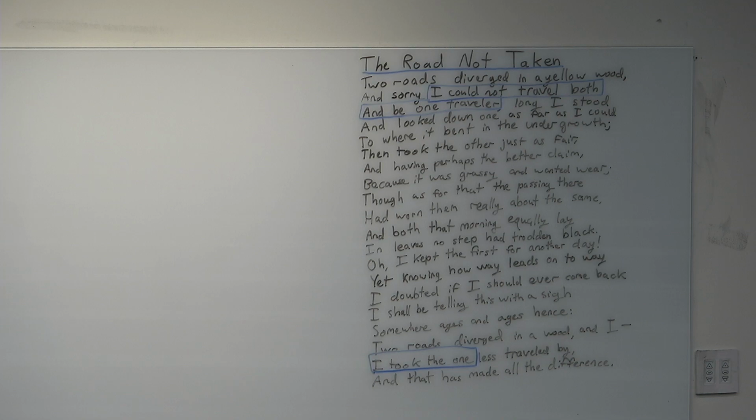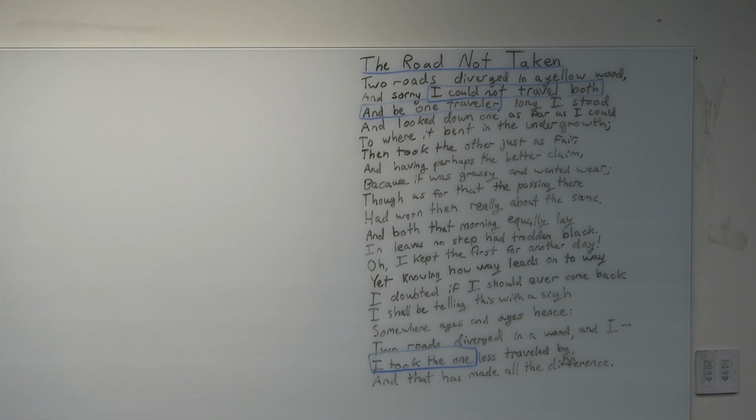So The Road Not Taken by Robert Frost is this poem, and it says: Two roads diverged in a yellow wood, and sorry I could not travel both, and be one traveler, long I stood, and looked down one as far as I could to where it bent in the undergrowth. Then took the other, just as fair, and having perhaps the better claim, because it was grassy and wanted wear. Though as for that the passing there had worn them really about the same.